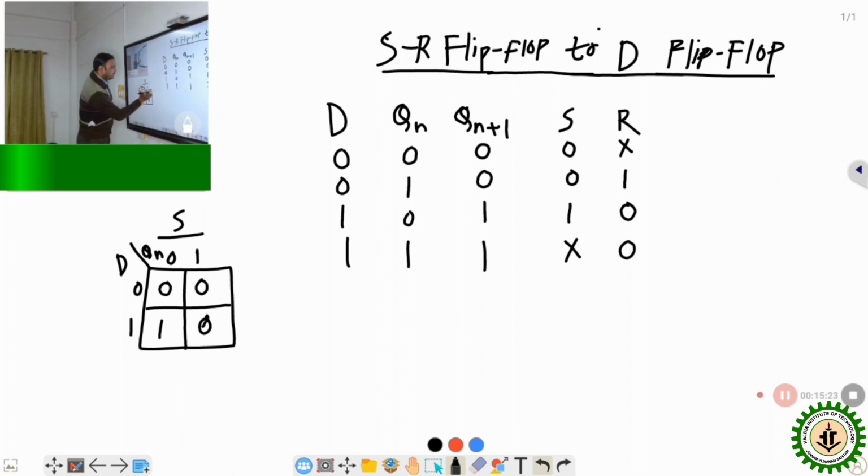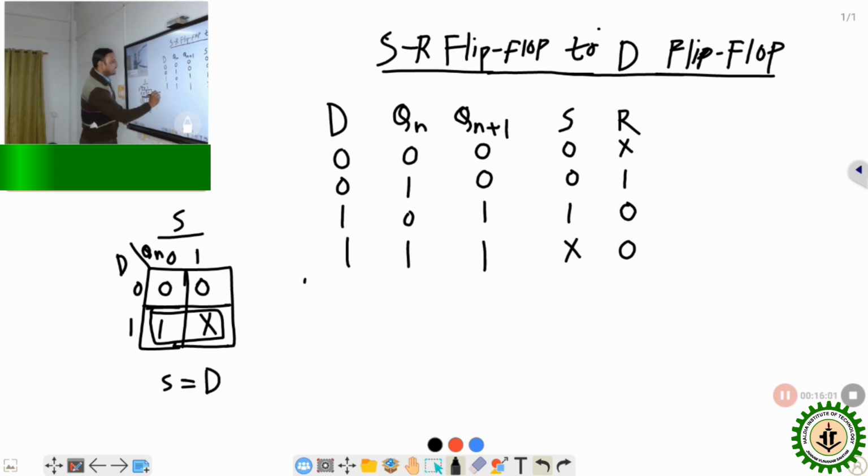Sorry, it will be don't care. 0 0 1, don't care. So after making group, we can make only one pairing group, and the output will be S equals to, Qn 0 and 1 will be eliminated, only S equals to D.